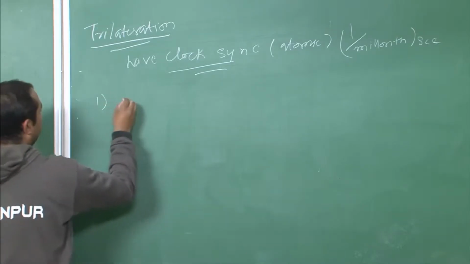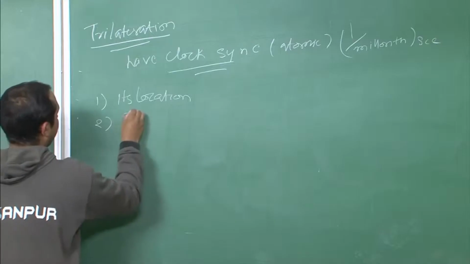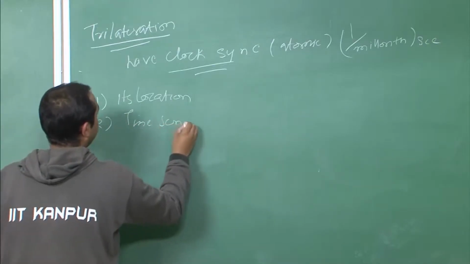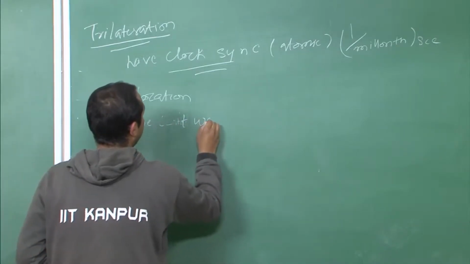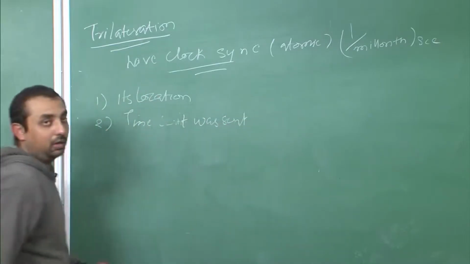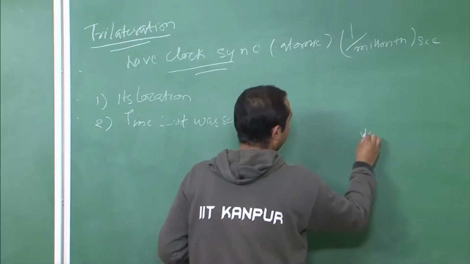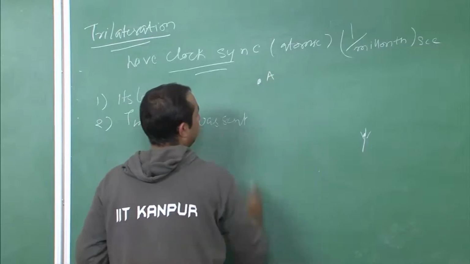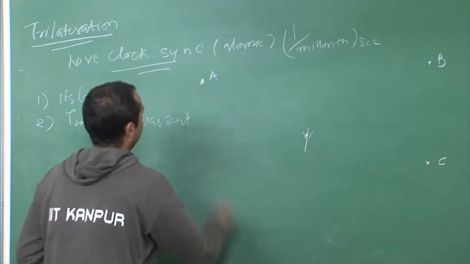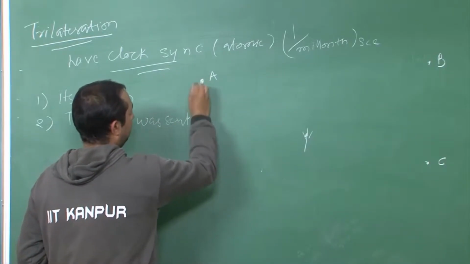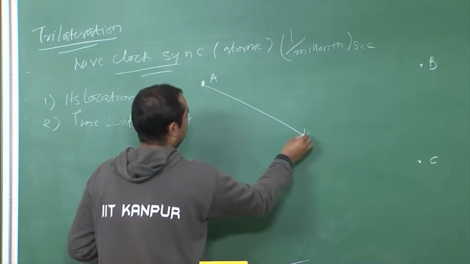Say this is the receiver, this is your satellite A, this is your satellite B, and this is your satellite C. When the satellite sends its signal to the receiver, the receiver will calculate the distance using a simple formula: distance equals speed into time.